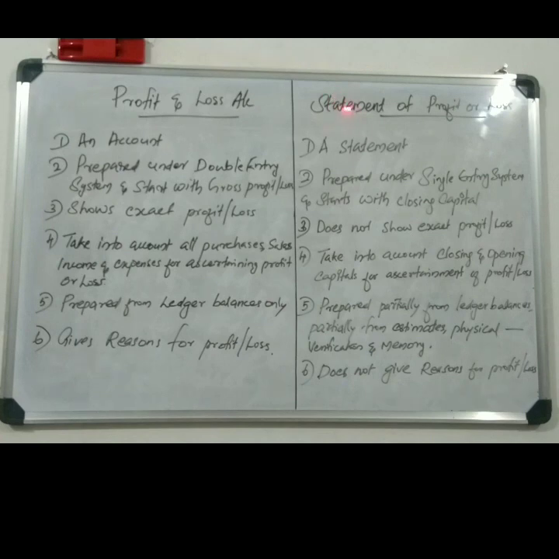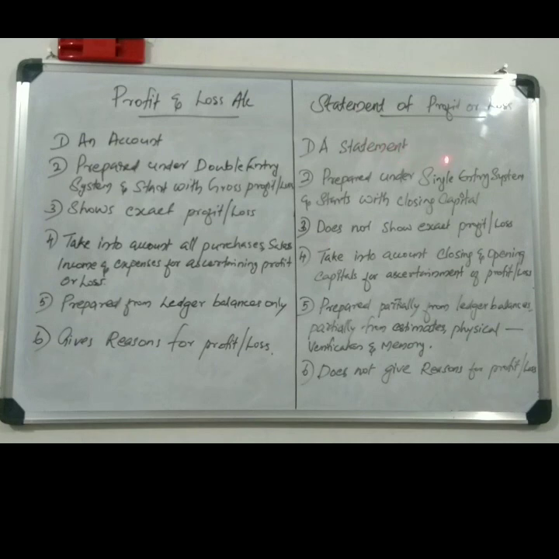Whereas statement of profit or loss is a statement which is prepared under the single entry system of accounting, and it starts with the closing capital, because here profit will be calculated by comparing the capitals.